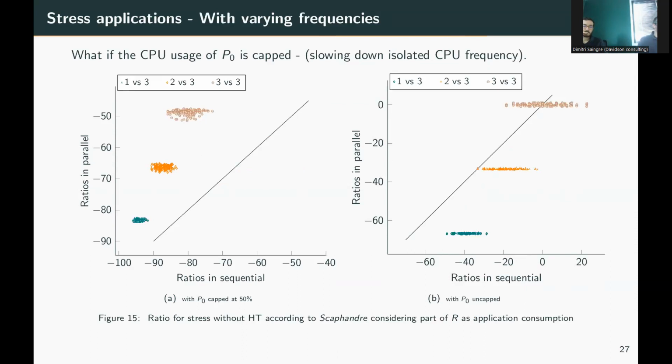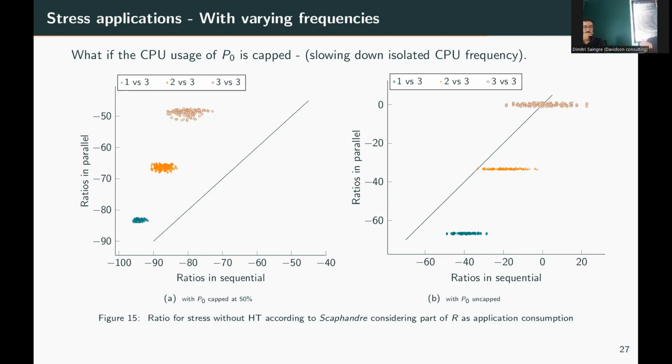And now, in this last experiment with stress applications, we made the frequency of the stress functions vary by capping the amount of CPU time available to one of the 2 applications. Here, application A had only 60% of CPU time, which made the frequency of the CPU core decrease.